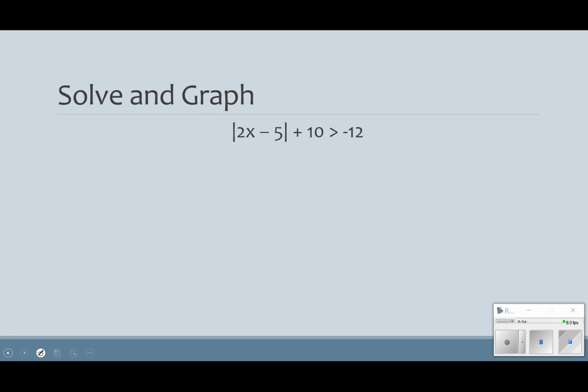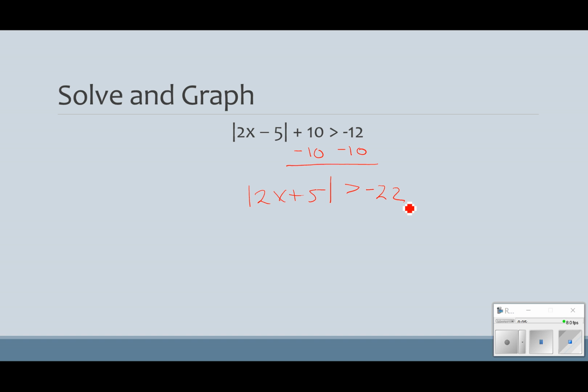Next example. I don't have the absolute value symbols alone, so I've got to subtract 10 from both sides. And I'm going to get the absolute value of 2x plus 5 is greater than negative 22. When we were solving equations, we knew that when there was a negative answer on the right side, it would never be true because absolute value is always positive.